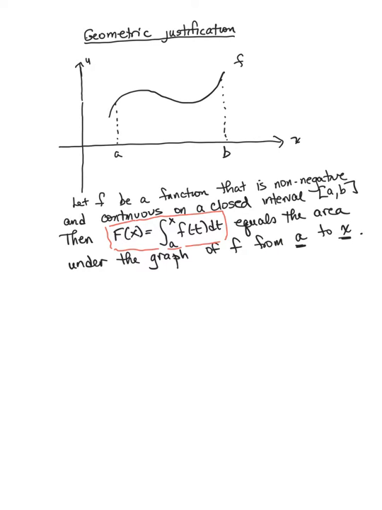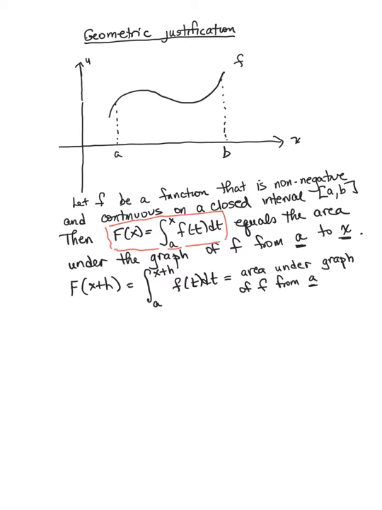All right, so let h be a small positive number, so that capital F of x plus h, which would look like the definite integral from a to x plus h, remember a is fixed, of little f of t dt, would represent the area under the graph of f from a to x plus h.